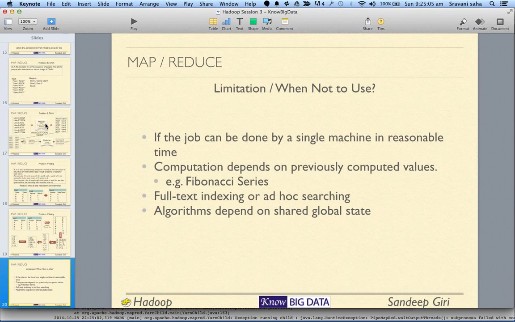You should not write MapReduce just to take the benefit of the MapReduce paradigm itself, because MapReduce is not something which helps you in coding. MapReduce is something which helps you in performance. MapReduce is something which helps you solve big data problems. Okay.